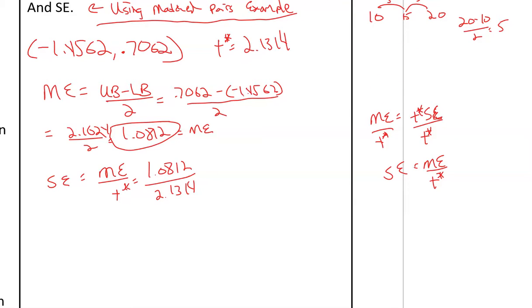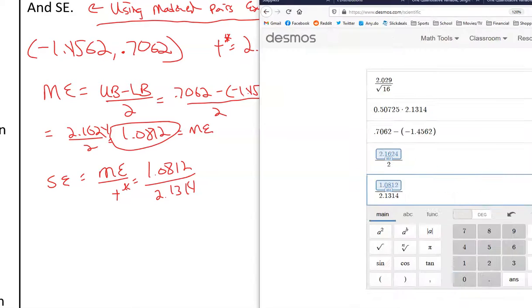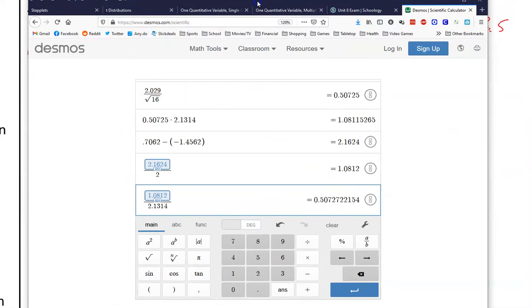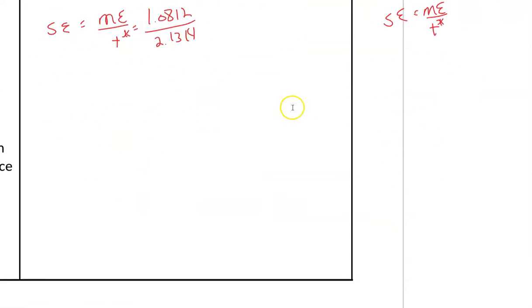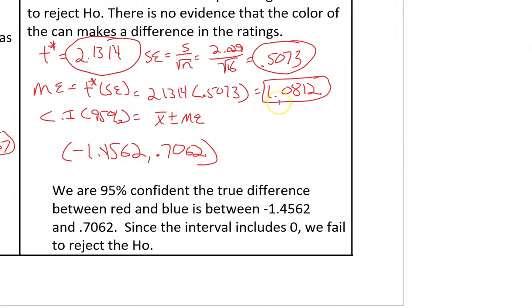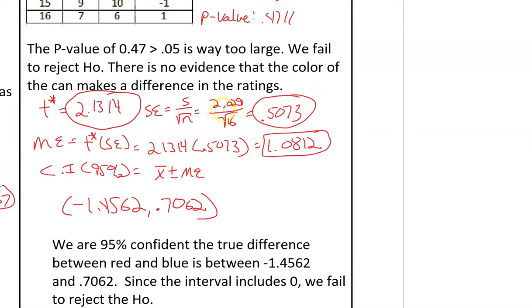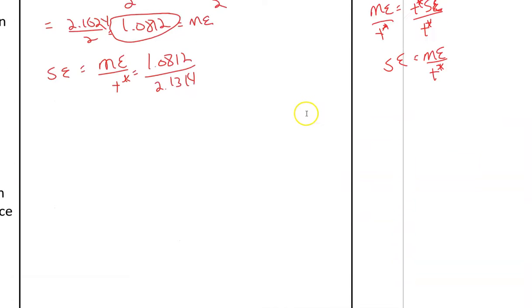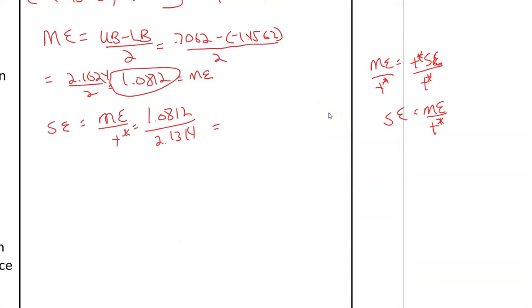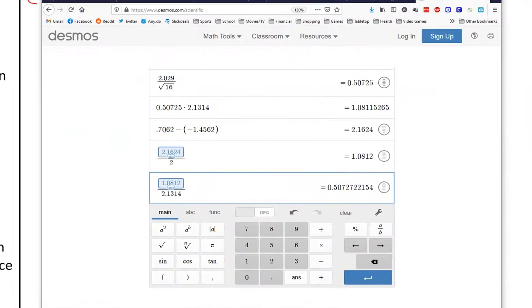And when you divide that, 2.1314 in the calculator, you get 0.5073. And that's what we get for the standard error for the actual problem itself, 0.5073, which you can see is what I got in my calculator.